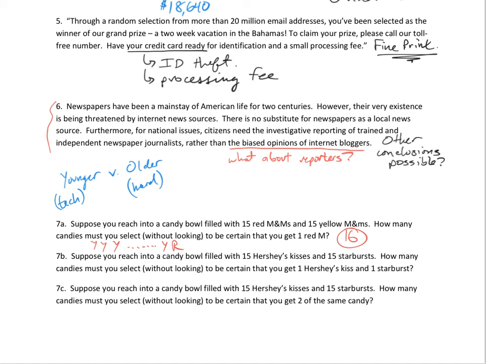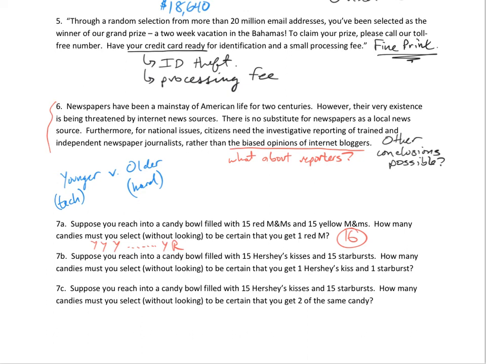And this type of thinking also plays into the next 2 scenarios. So here's 7B. Suppose you reach into a candy bowl with 15 kisses and 15 starbursts. How many must you select to be certain you get 1 kiss and 1 starburst? Well, it could be 2, right? If you pull out a kiss on the first pick, you pull out a starburst on the second pick.